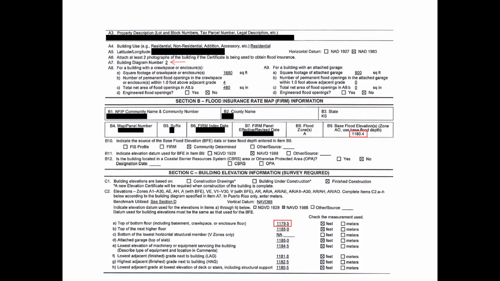And then C2A is at 1179.5, and if we compare that to the base flood elevation, which is community developed, in this case, you can see in B10. So if this is correct, then the top of the bottom floor, which is some type of basement floor, is below the base flood elevation, and this was for a new building that was constructed.